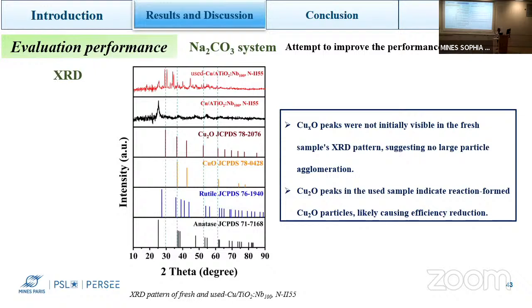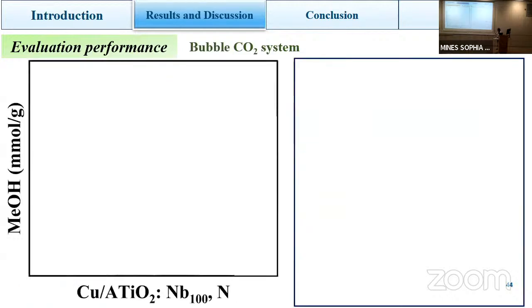After the reaction, we observed the cuprous oxide 111 peak. This is maybe why we saw the red dot on the window, and also maybe why we're losing activity, because the structure is not stable. The cuprous oxide is getting away from TiO2, so it's not going to become a co-catalyst; it's just separated.